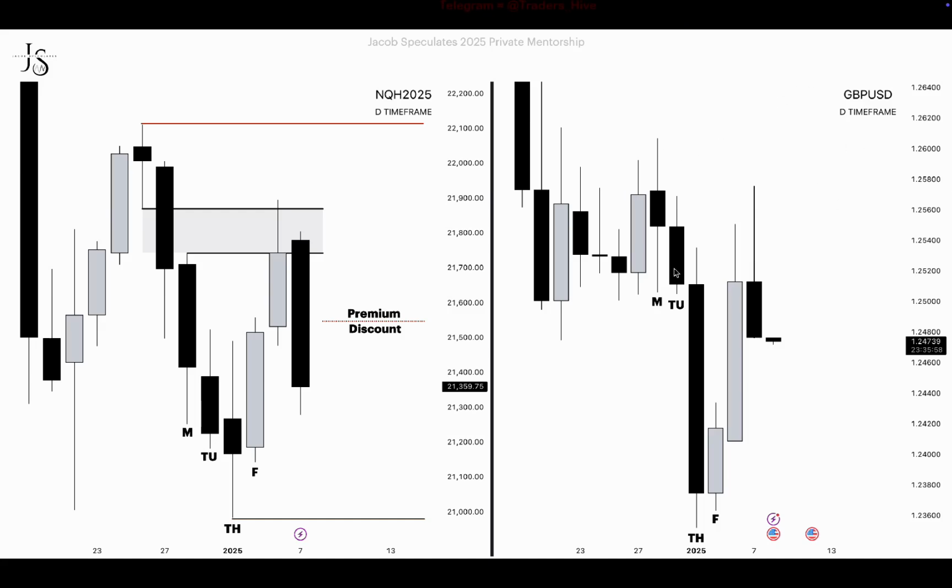So I'll say that one more time. As you can see, Monday, Tuesday, Thursday, Friday, that is the entire range. But for here, Monday, Tuesday, Thursday, Friday, this is the entire range from this high to this low.